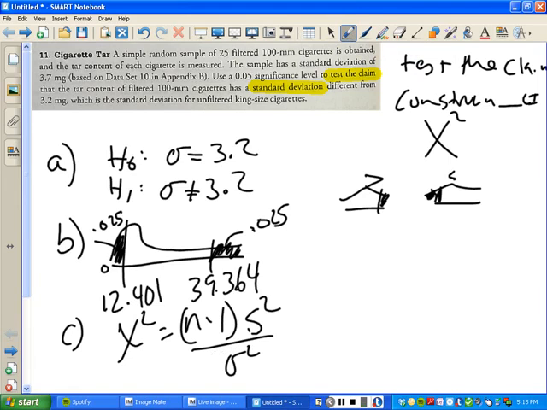Okay. Are we good? All right. So when do we use the left and right formula? That's for confidence intervals. Okay. That's for confidence intervals.